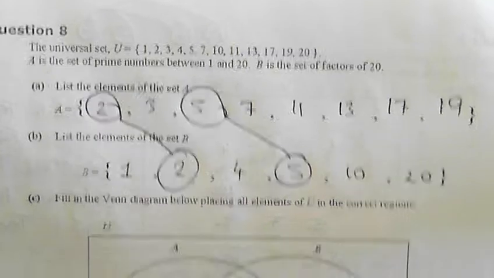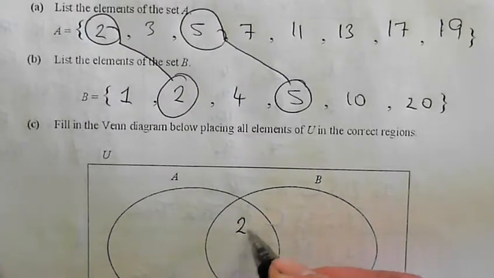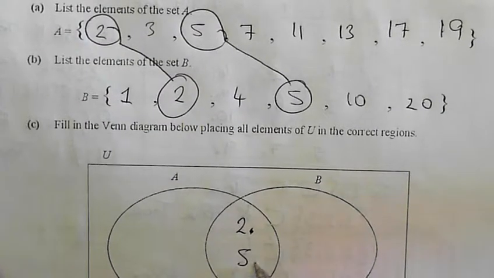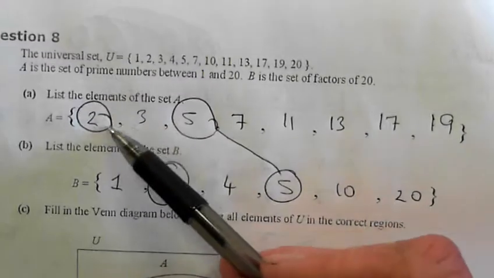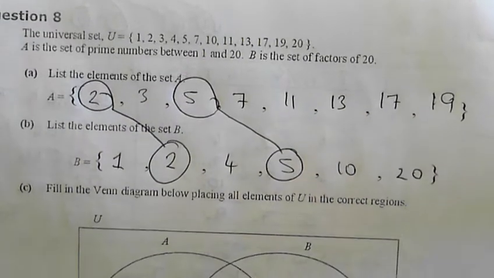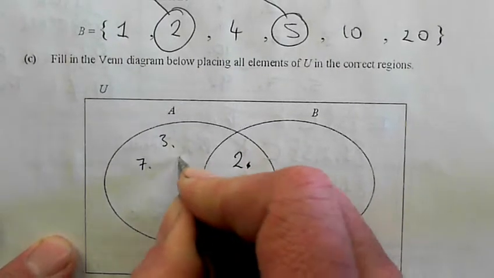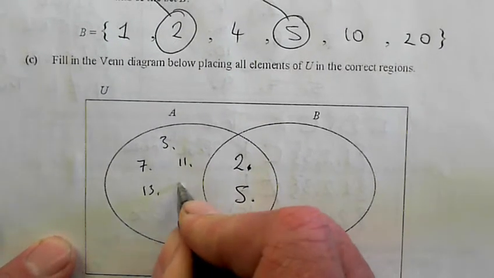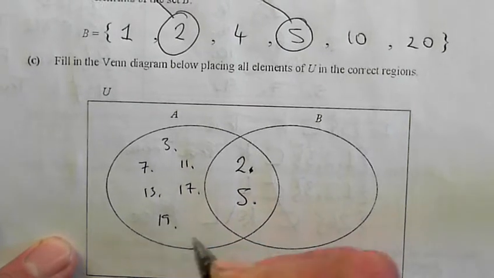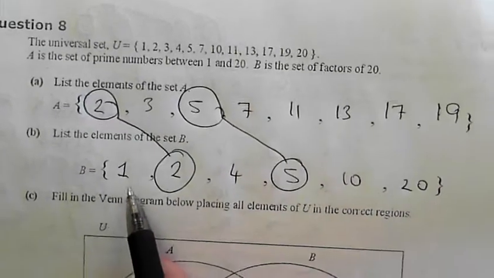No. So we write the thing that's common to both in the middle first. 2, 5. Now, A is the rest of them: 3, 7, 11, 13, 17, and 19. Right, B is 1, 4, 10, and 20.